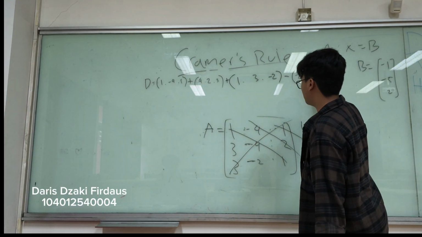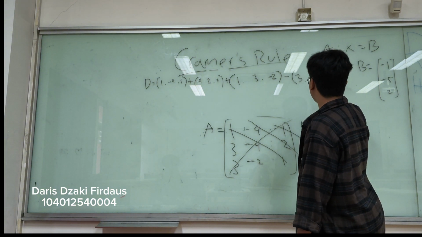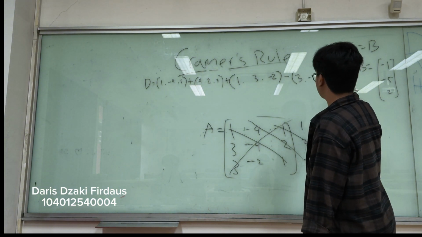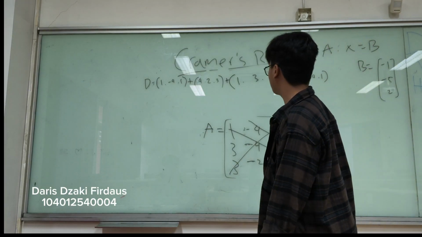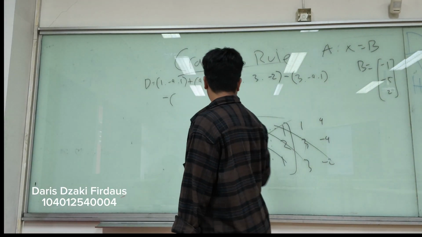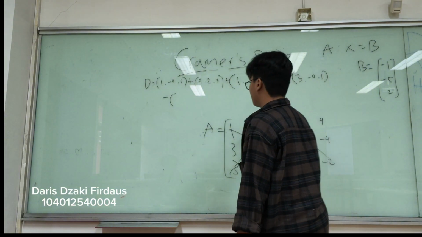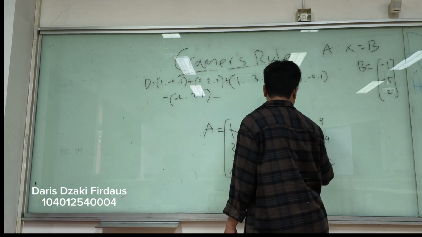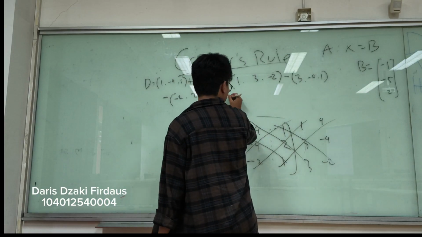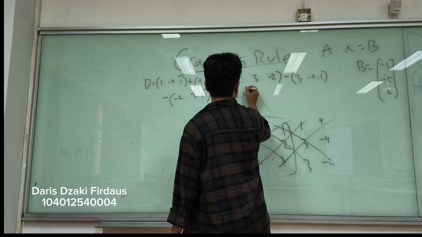And then we get 3 times by minus 4 times by 1. Then minus again, minus 2 times by 2 times by 1. Minus again last time, 1 times by 3 times by 4.